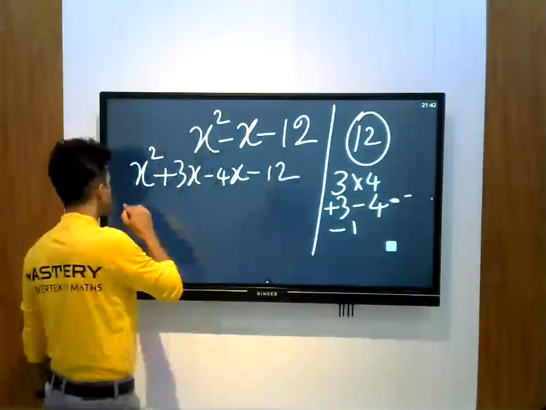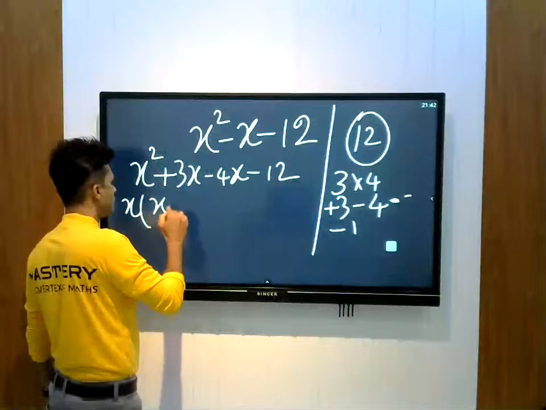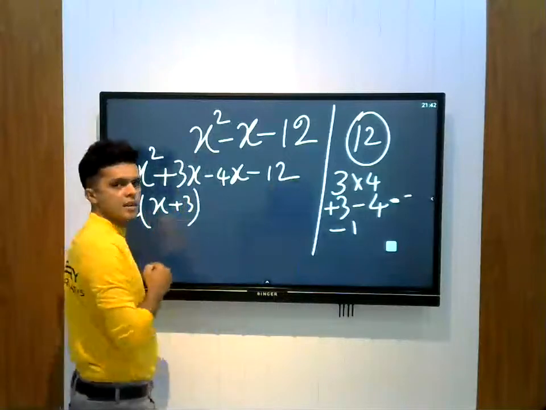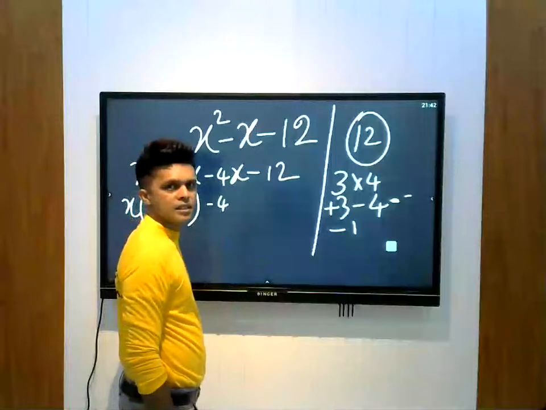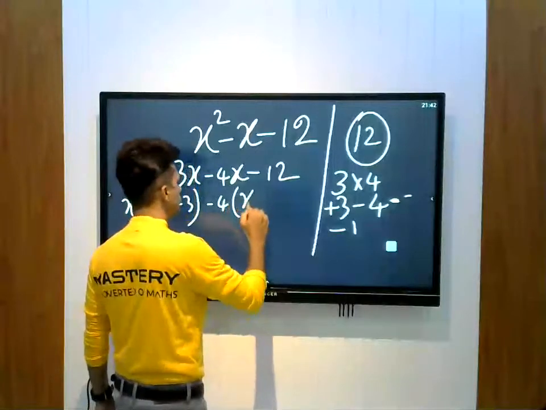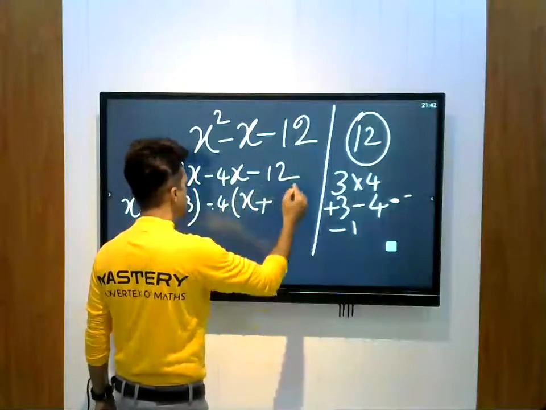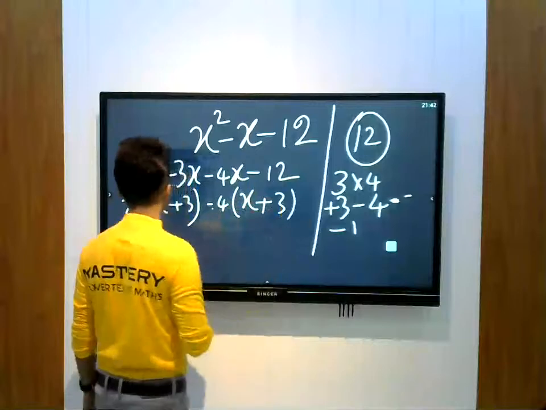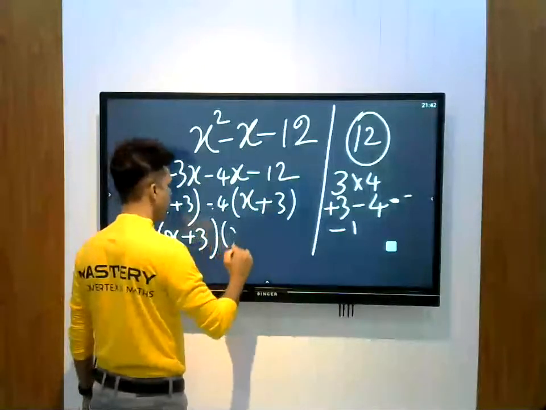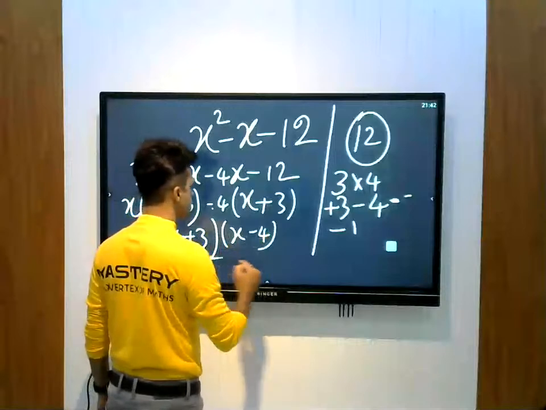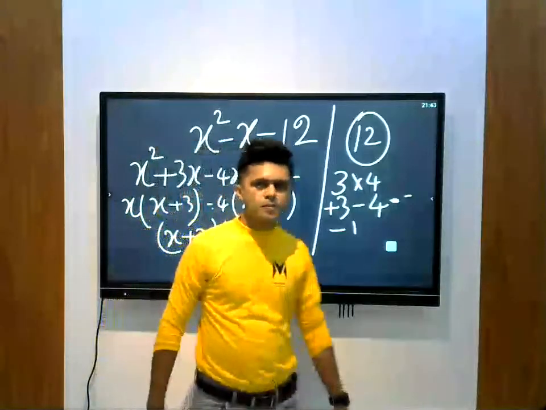Now take the term x as the common factor: x into x plus 3, minus 4 is the common factor, so minus 4 into x plus 3, minus into minus is plus, 12 over 4 is 3. So x plus 3 into x minus 4 are the factors of this quadratic expression.